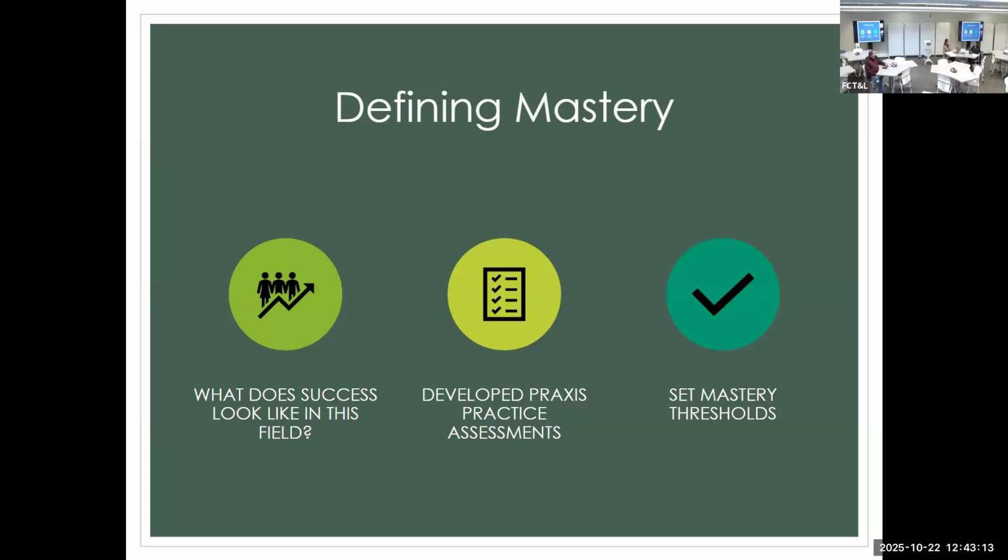So again, we also had to think about pacing, because like I said, we had 2 final assessments. One was an assignment, and the other one was an exam. We were thinking about bottlenecking, because students have to wait for me, the instructor, to grade it before they know if they've met mastery or not, and then they can move on to the next module.